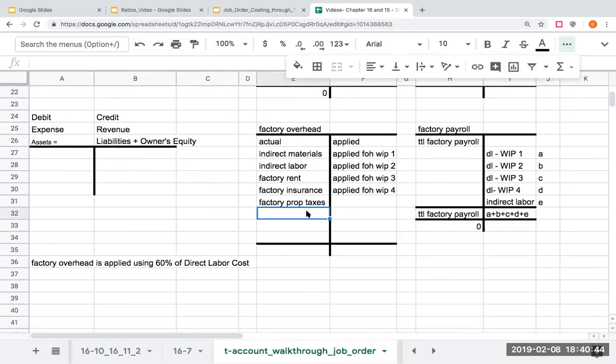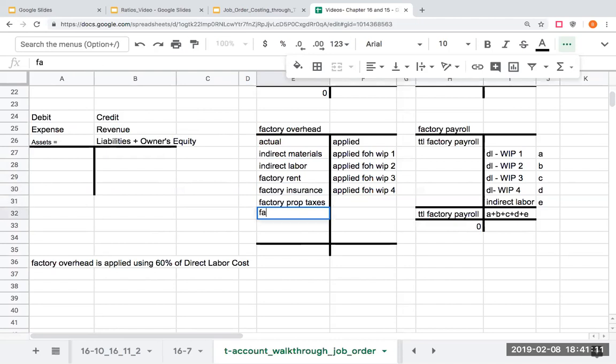The last issue here is, well, what did we say about this factory overhead account? This factory overhead account has to be 0. So right over here, what I would be doing is going through and listing out all of my actual factory overhead expenses. As we said, it was indirect materials, indirect labor, factory rent, factory insurance, factory property taxes.